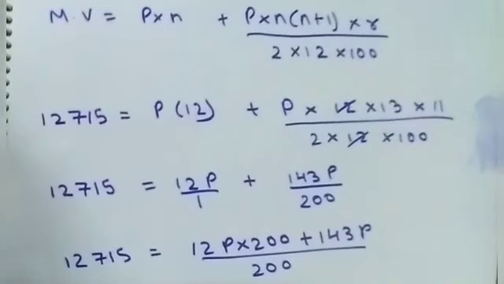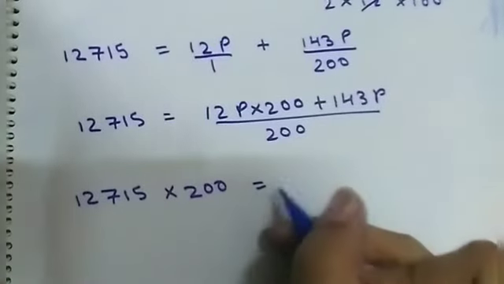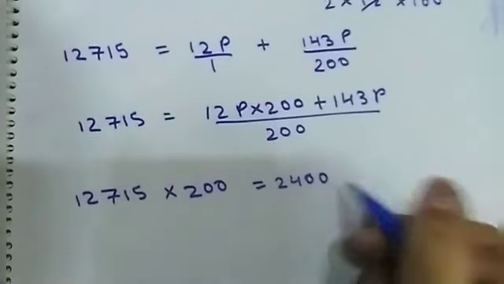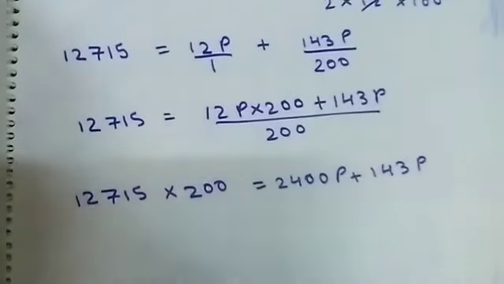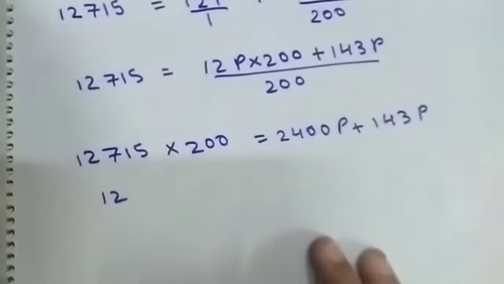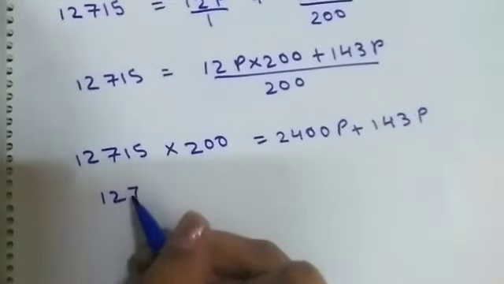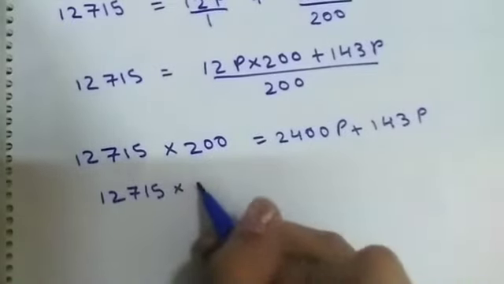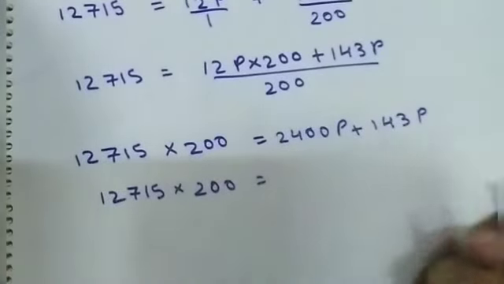So 12,715 into 200 is equal to 12 into 2 is 24, so 2400P plus 143P. So do not multiply here, because if you multiply you will get big numbers, so it would be a problem for you to divide. So do not multiply, leave it as it is. So 12,715 into 200. Now what is this? This would be 2,400 plus 143.